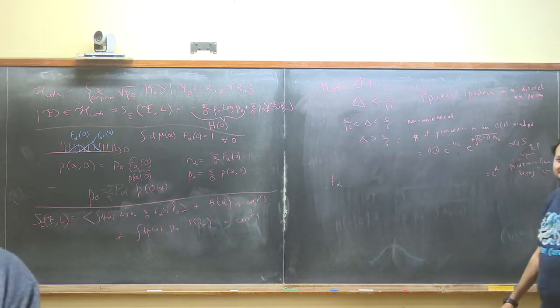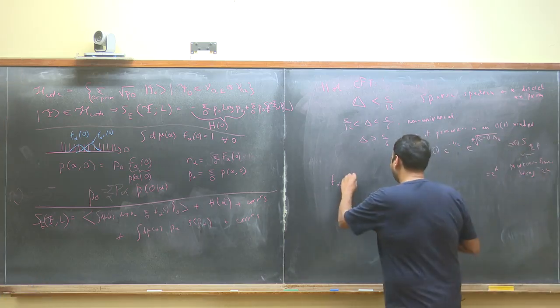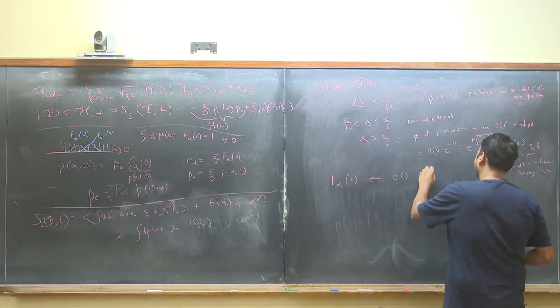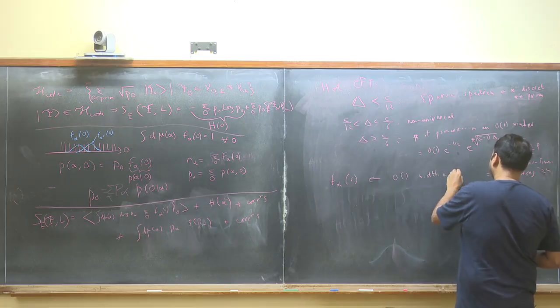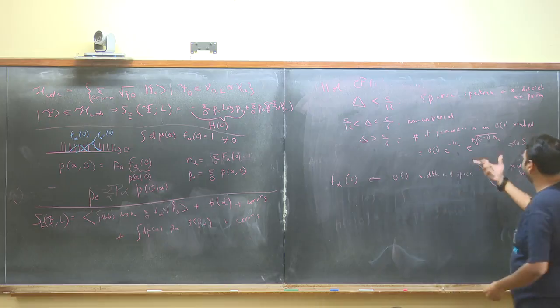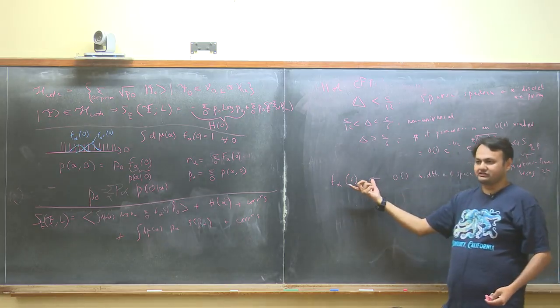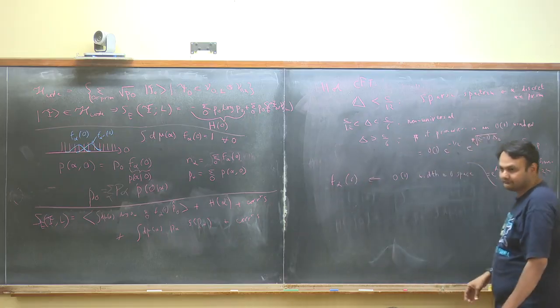Take this f alpha of O to have order 1 width in O space. Then you can apply this formula with some order 1 corrections that depend on the actual shape of f alpha of O. So this is some ambiguity.